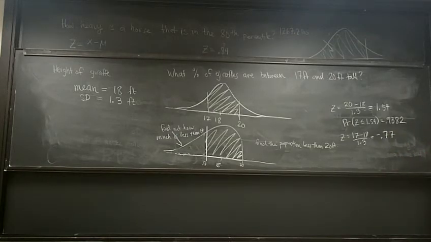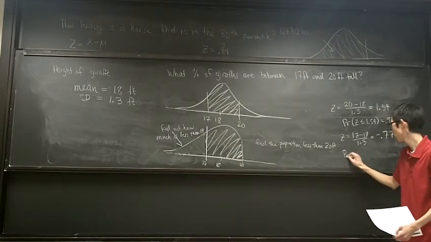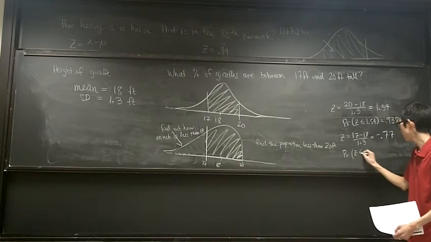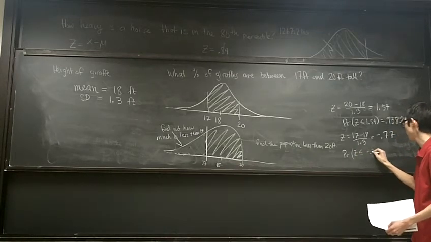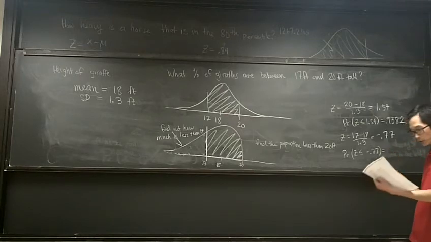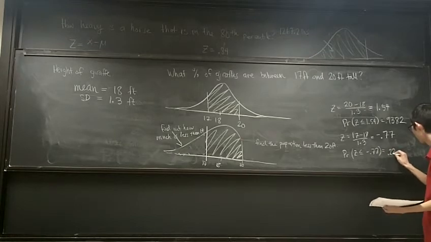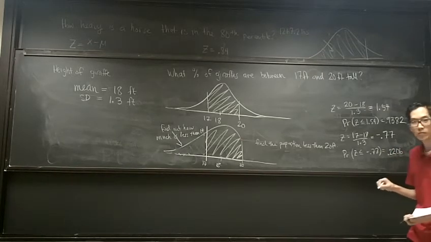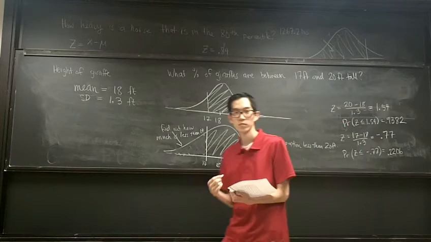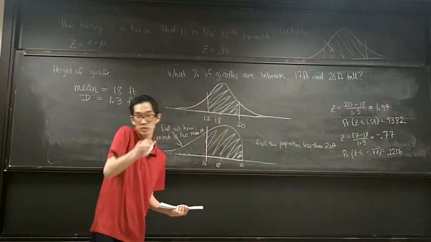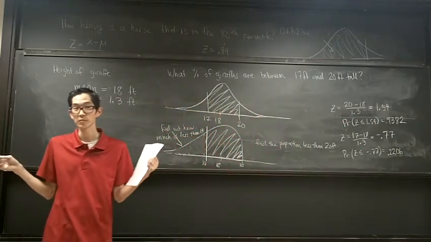What's the probability of being less than negative 0.77? According to my z table, that takes me to 0.2206. Is everyone okay? Everyone's okay.